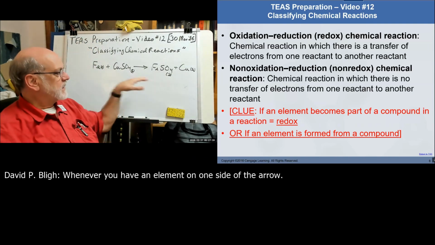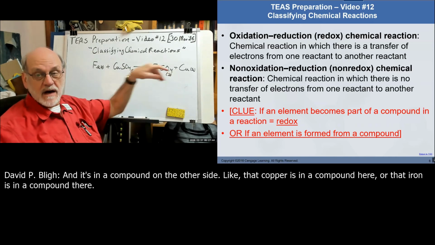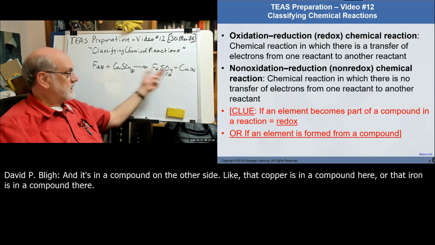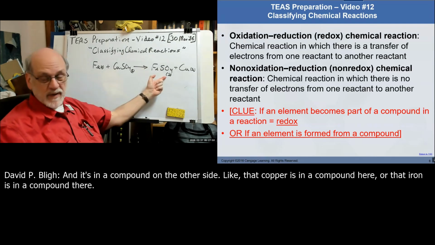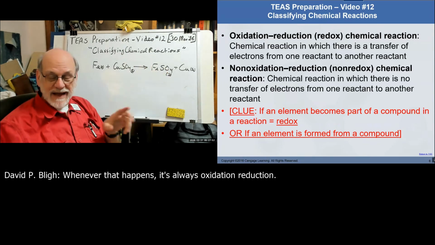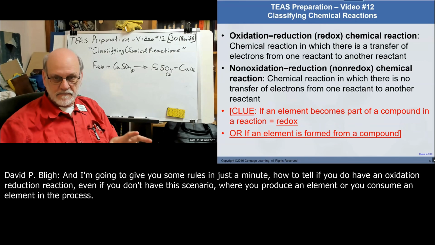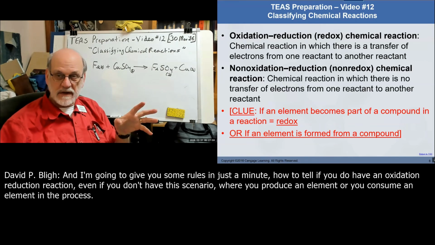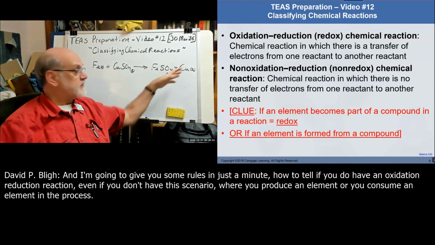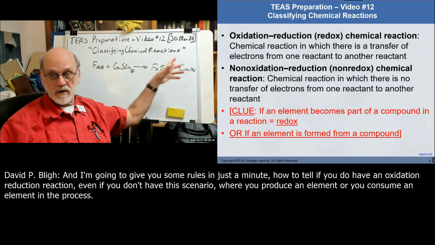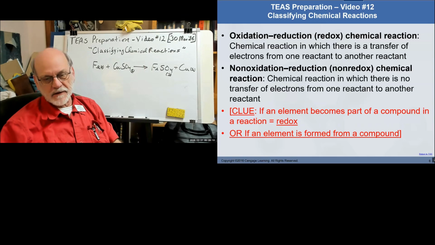Whenever you have an element on one side of the arrow and it's in a compound on the other side, like that copper is in a compound here, or that iron is in a compound there, whenever that happens, it's always oxidation reduction. And I'm going to give you some rules in just a minute on how to tell if you do have an oxidation reduction reaction, even if you don't have this scenario where you produce an element or you consume an element in the process.